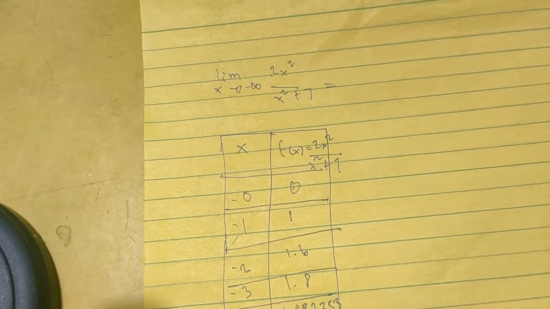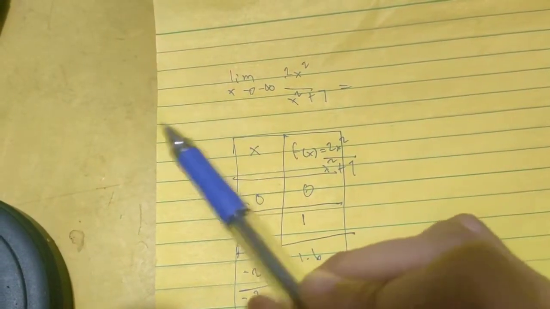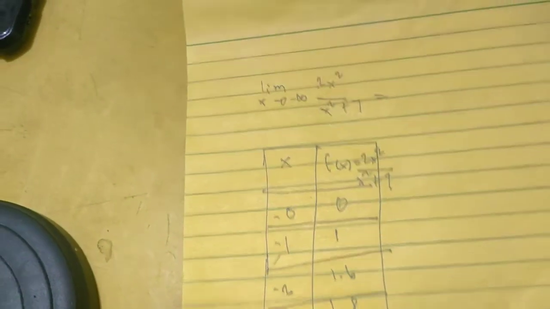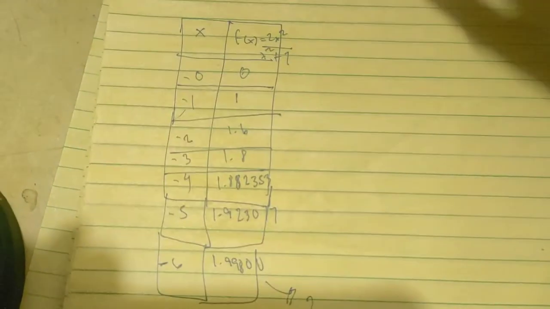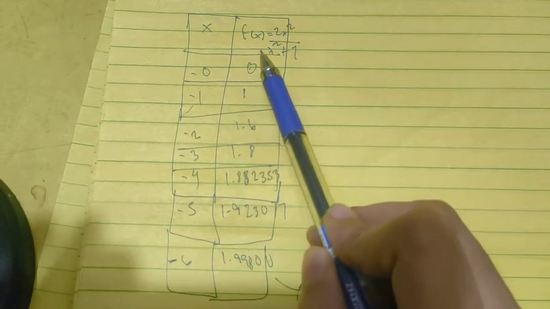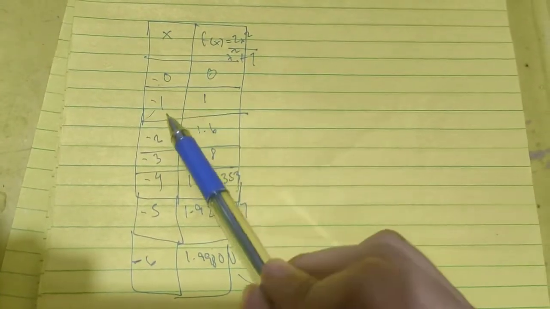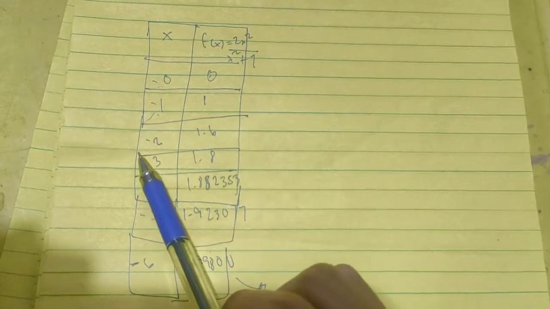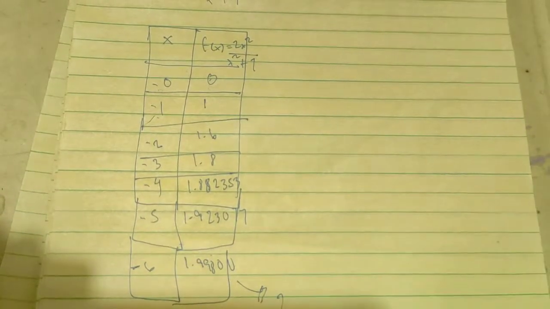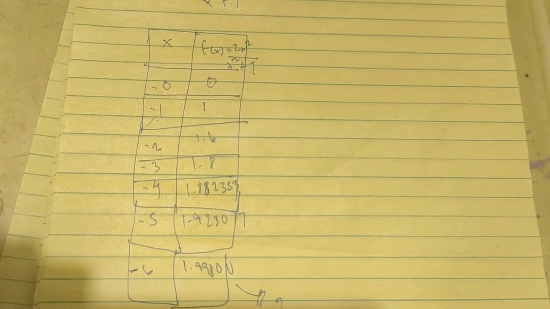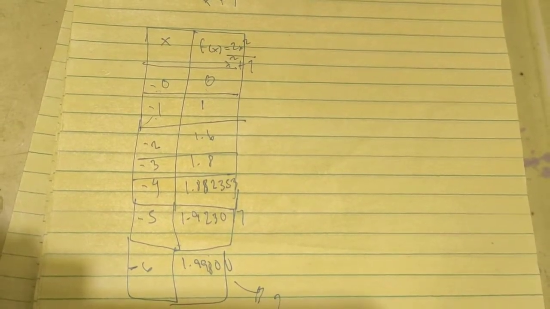Now in negative infinity, if our limit is approaching negative infinity, so the x approaches negative. As you can see, if we substitute negative 0 it is 0, negative 1 is 1, negative 2 is 1.6, negative 3 is 1.8, negative 4 is 1.8882353, negative 5 is 1.9230, and so on and so forth.